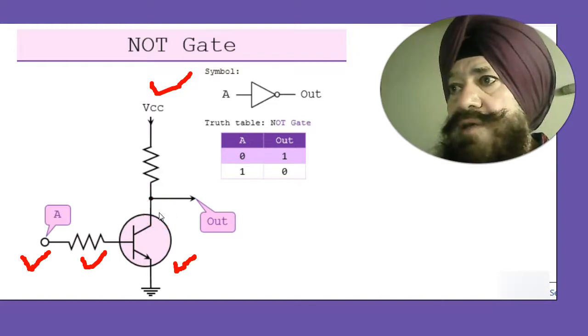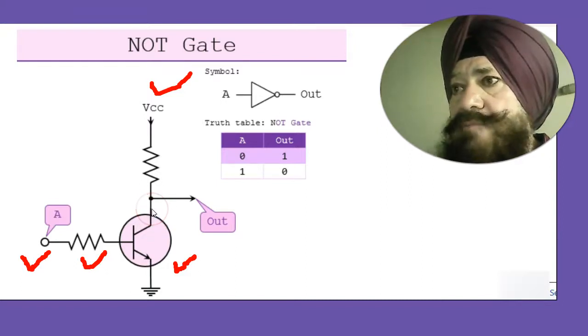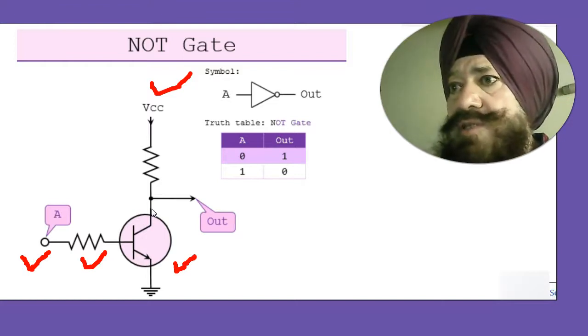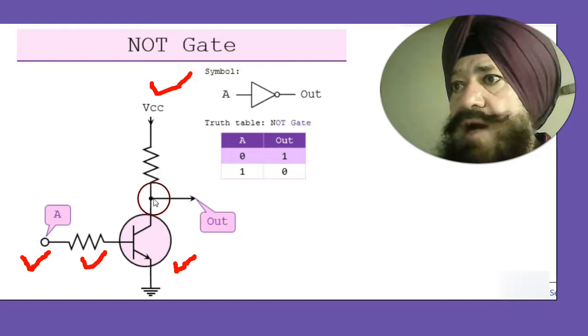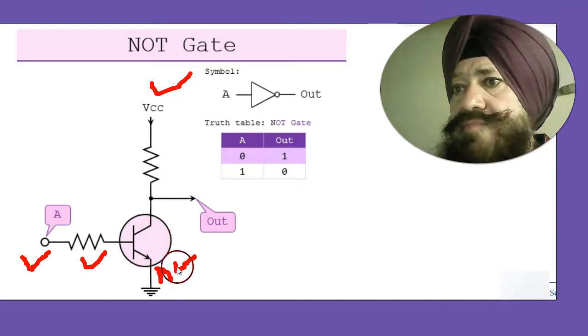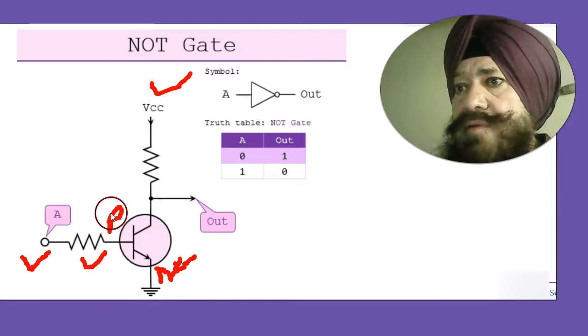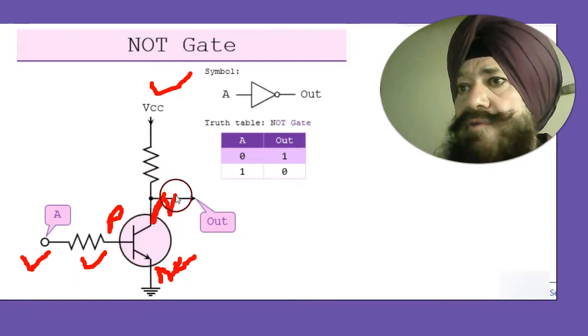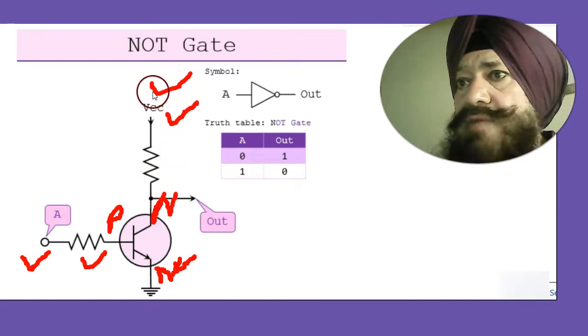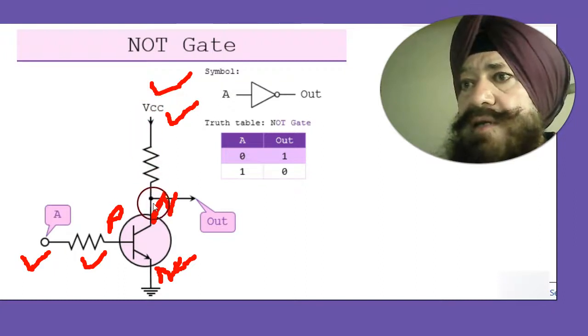Because there is no collector current, there will be a small reverse saturation current, which is called ICO, and which makes the collector more positive. This is N, P, N. When N is at positive, it means reverse biasing. Already the VCC supply is making it reverse biased.